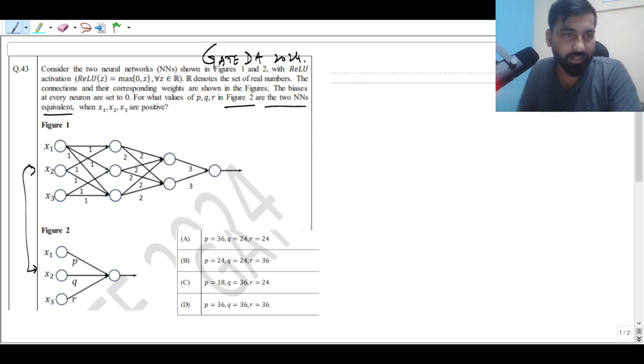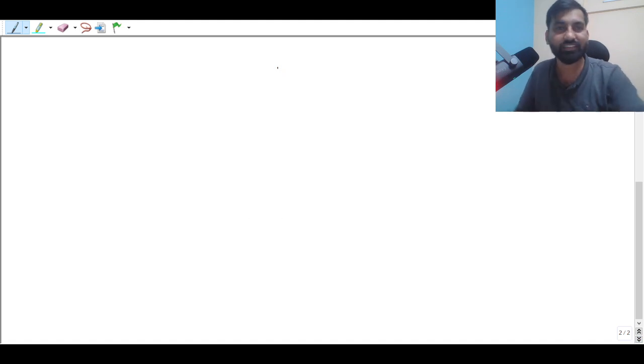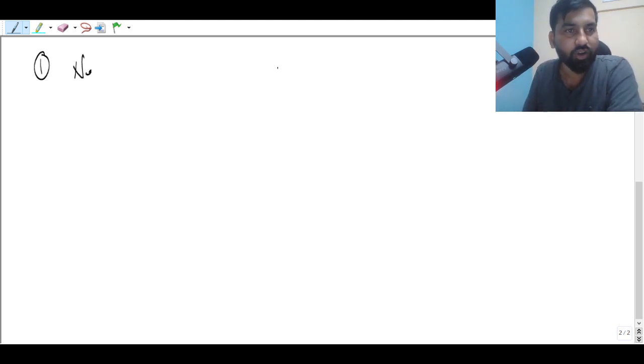In this case there are three inputs, and in the other there is a layer of neurons. So first of all, let me start with the three inputs and a single neuron. The first background that you need is a neuron with three inputs.